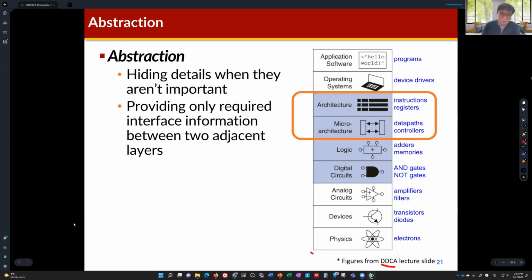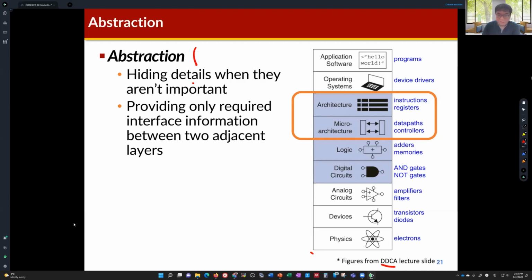These are the layers inside our computer systems. You can also find the definition of abstraction, 추상화: hiding details when they aren't important.